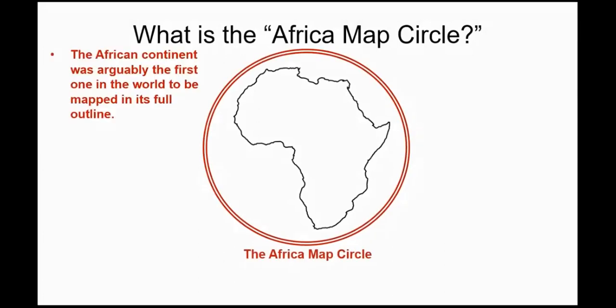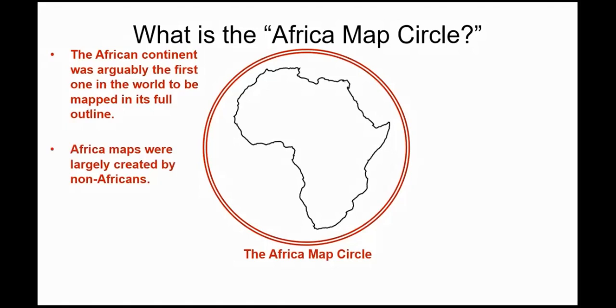The Africa Map Circle is a very interesting new intellectual enterprise because you could argue that the African continent was arguably the first one in the world to be mapped in its full outline. It was circumnavigated long before the Americas, or Australia, for example, or certainly Asia and large parts of the Russian north, the Siberian plains.